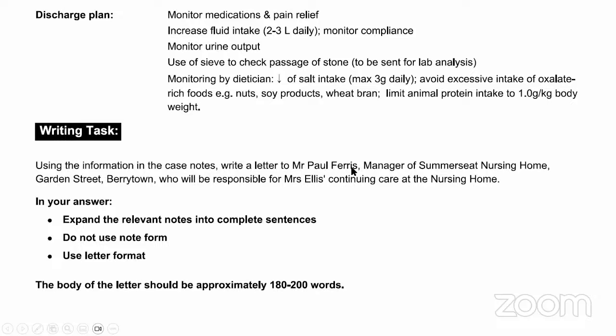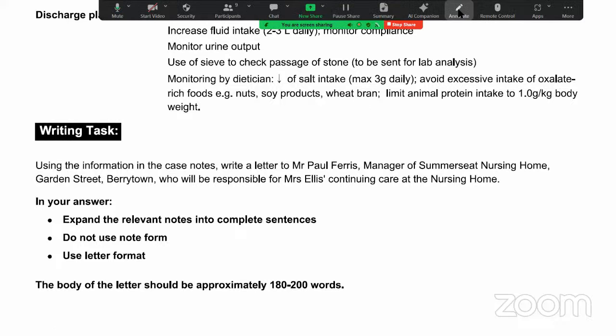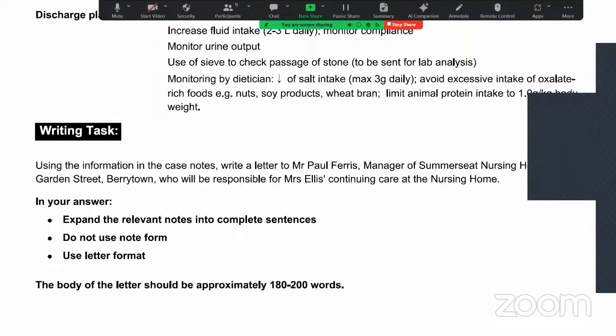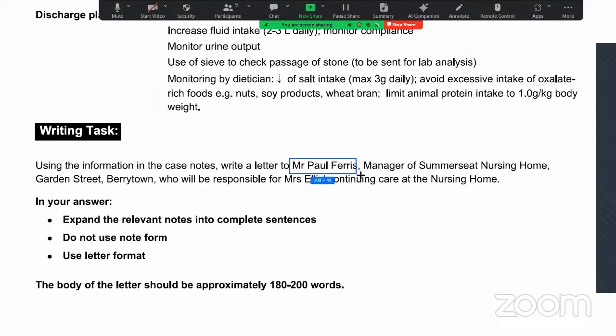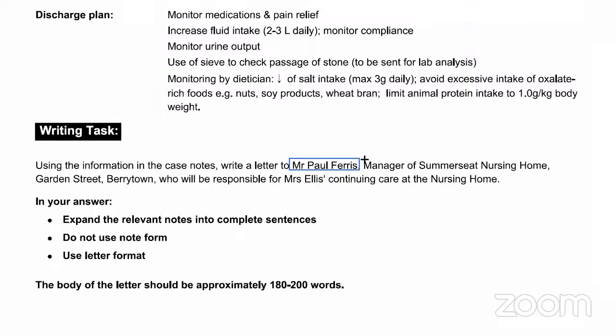Mr. Paul Ferris. So we are going to write these things here. This is the address of the person to whom you are writing. So you are writing to Mr. Paul Ferris. Then the next one is manager. The next line is Summer Seat Nursing Home.